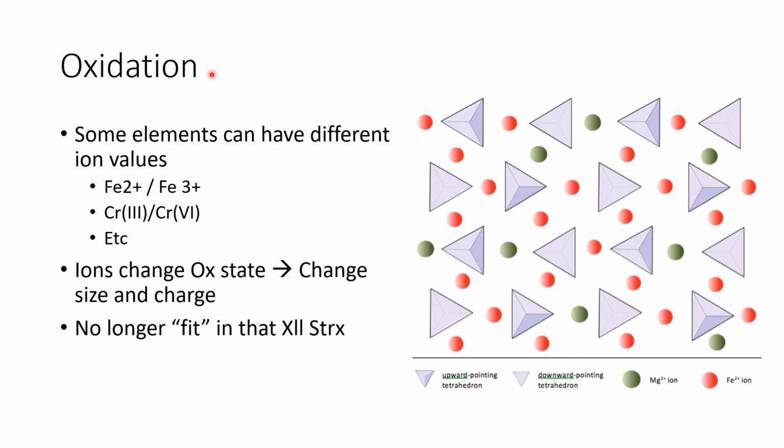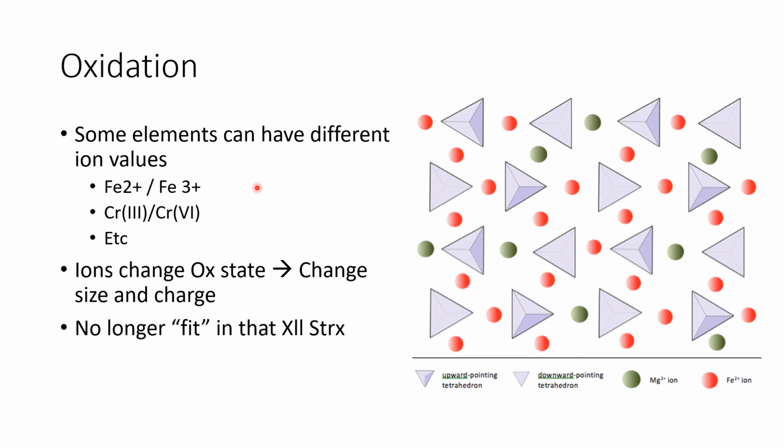But I cautioned you that the stuff kind of in the middle, which we call the transition elements, can do a lot of different things. And this is where that becomes important. Oxidation is changing the oxidation state, or the ion charge value, for an ion.